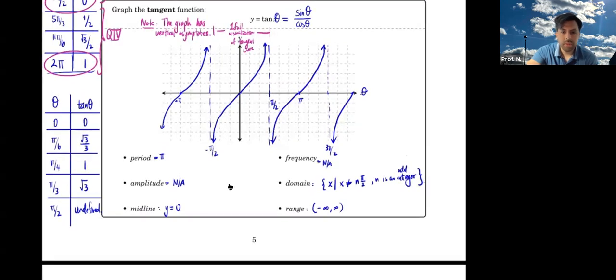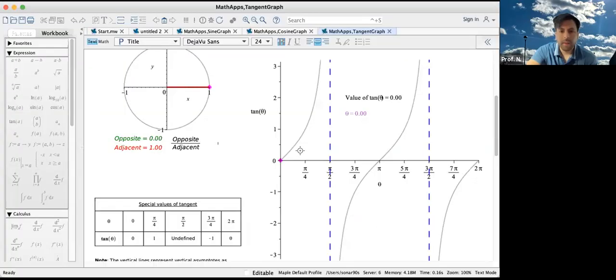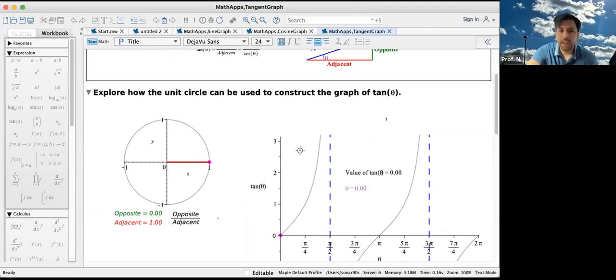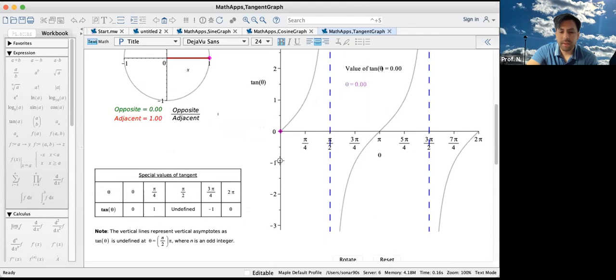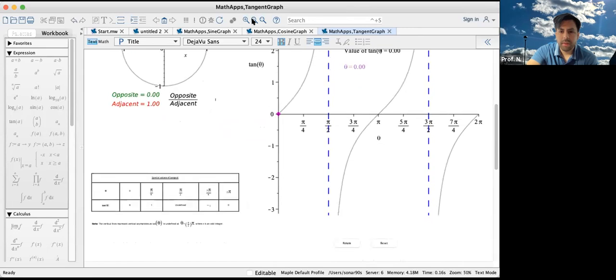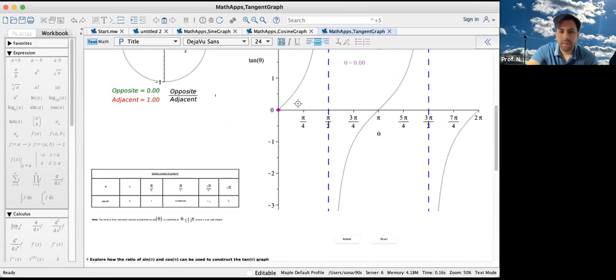Let me see if I can show you tangent as well. So let me show you tangent, guys. So this is my unit circle again, right? As I move around, and then if I make this a little smaller, I'm going to rotate.